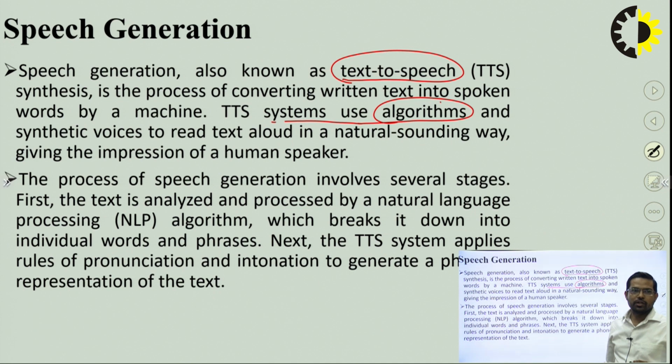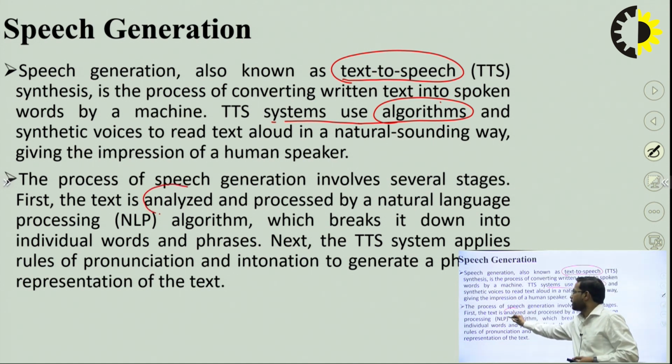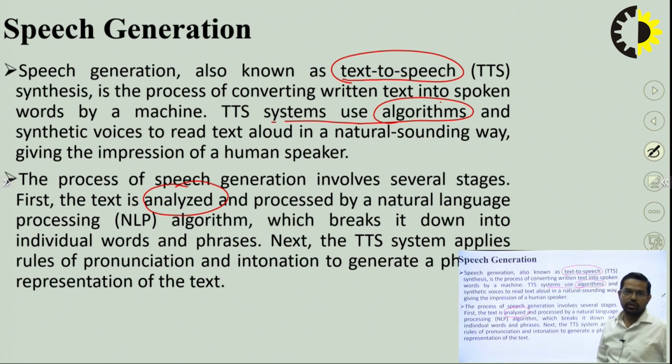The process of speech generation involves several stages. The first is that the text is analyzed. Just like in compiler design, where there are different phases: lexical analysis, syntax analysis, intermediate code optimization, code generation.